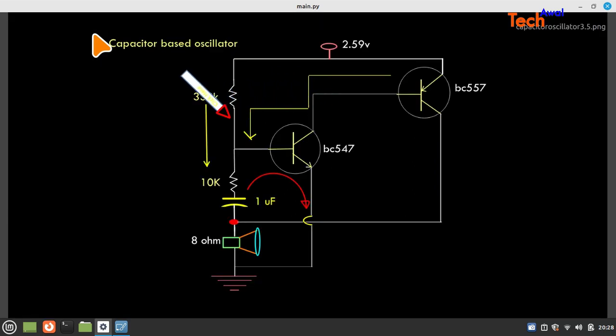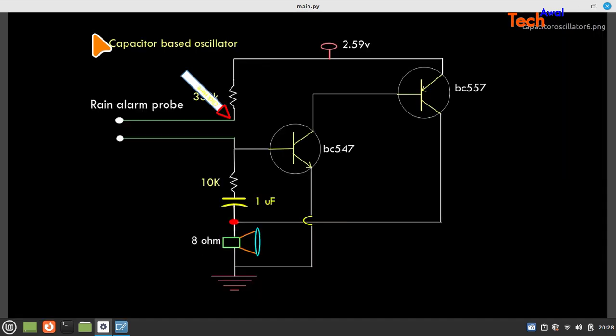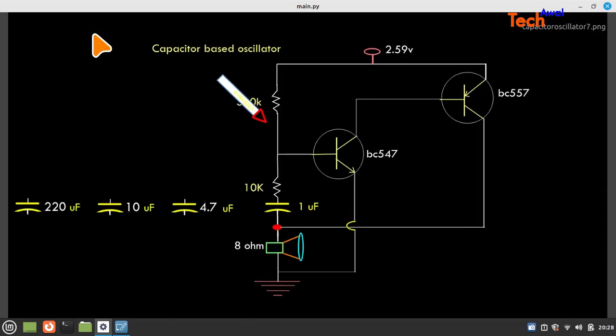So that parallel we will compute, but still it will be very high. Charging will be very high and discharging will be less, but still it will be slow because it is 220 microfarad. 10 will be quite less, 4.7 less, and 4.7 and 1 microfarad will be really quicker, in the sense that charge and discharge will be quite fast, whereas 10 microfarad will be okay, and 220 will be pretty slow. So that we'll see now.